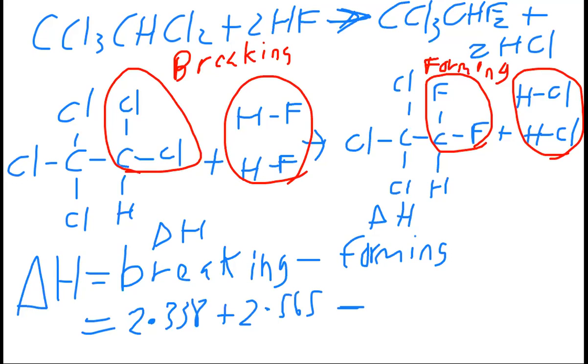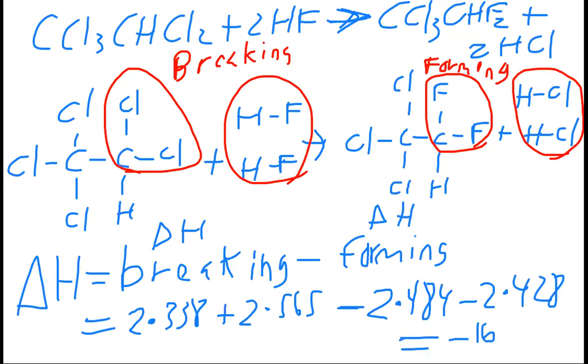CF bond is 484. And the CCl bond is 338. No, the HCl bond. I need the HCl bond. Oh, HCl bond is 428. And all of that comes out to negative 16 kilojoules per mole.